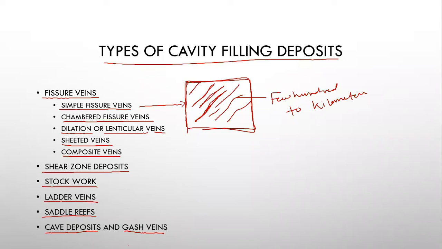Here there are multiple fissures, but sometimes in one rock only one fissure will be there, and in this fissure there will be precipitation of mineral. This type of deposit is nothing but a simple fissure vein.